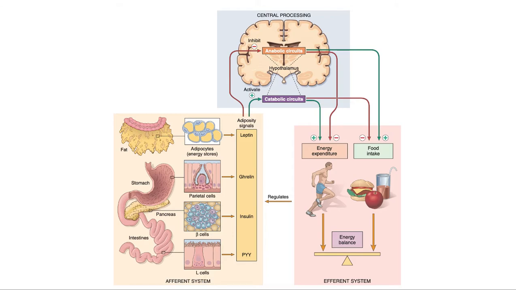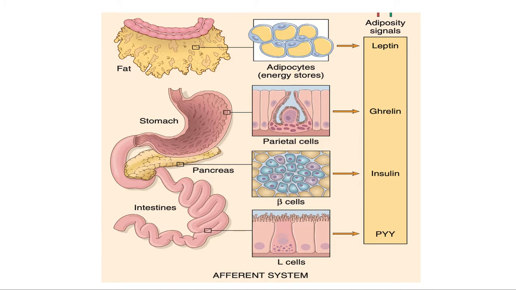In a simplified way, the neurohumoral mechanisms that regulate energy balance and body weight may be divided into three components: the peripheral or afferent system, the arcuate nucleus in the hypothalamus, and the efferent system. The peripheral or afferent system generates signals from various sites.